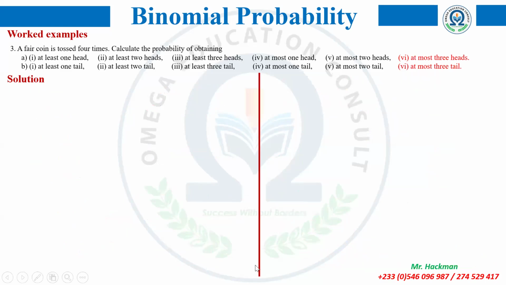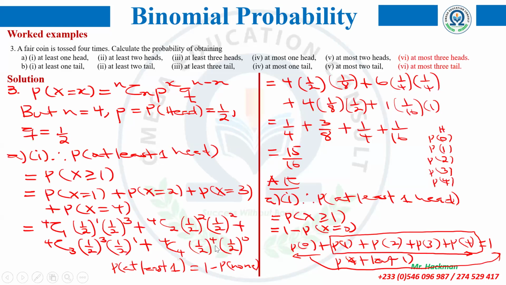P none means no head, which will be x is equal to 0. So this is a statement that you need to have at your fingertips. Anytime you see at least one, use this relation. It's always easier in terms of calculation, or better still, it is ideal.